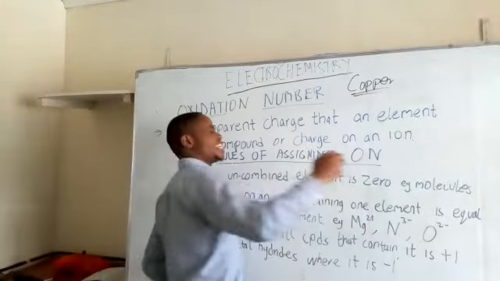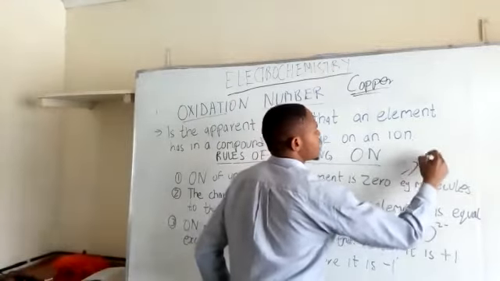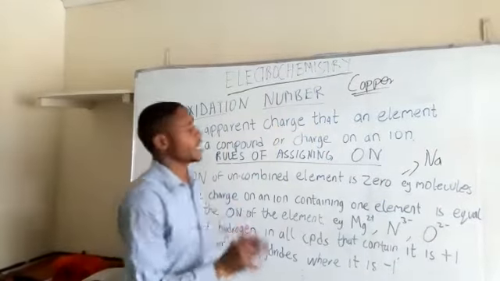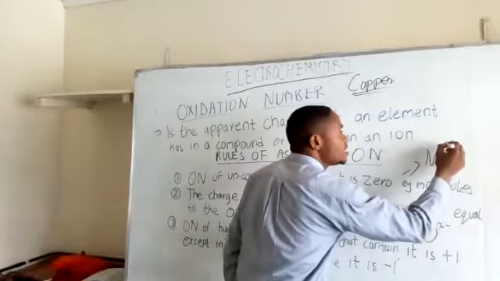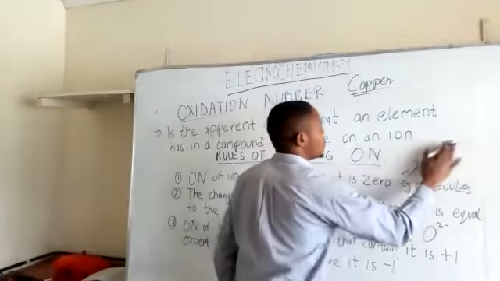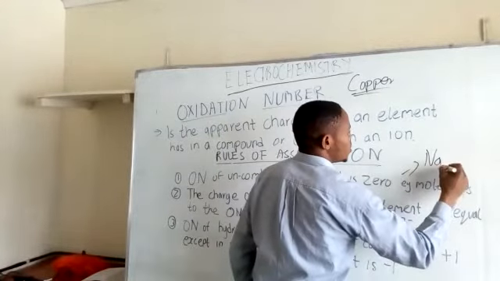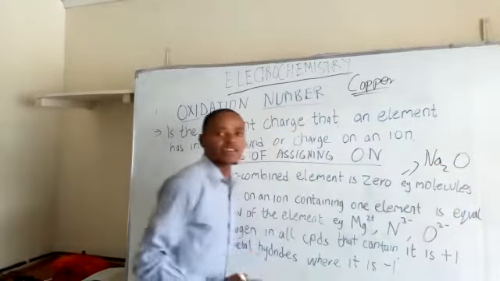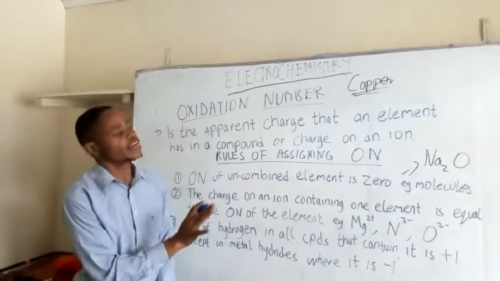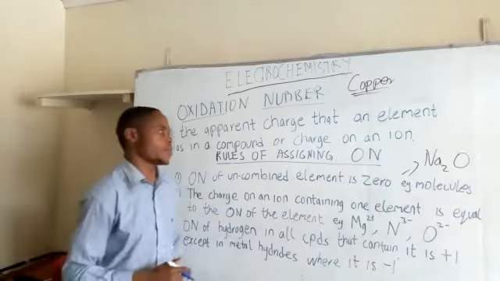Example, if you're given something like sodium, that's an atom, because it has no charge, then the oxidation number is 0. Same case if we had a compound, maybe sodium oxide, the oxidation number is 0 because that's not a radical and that's not an ion.